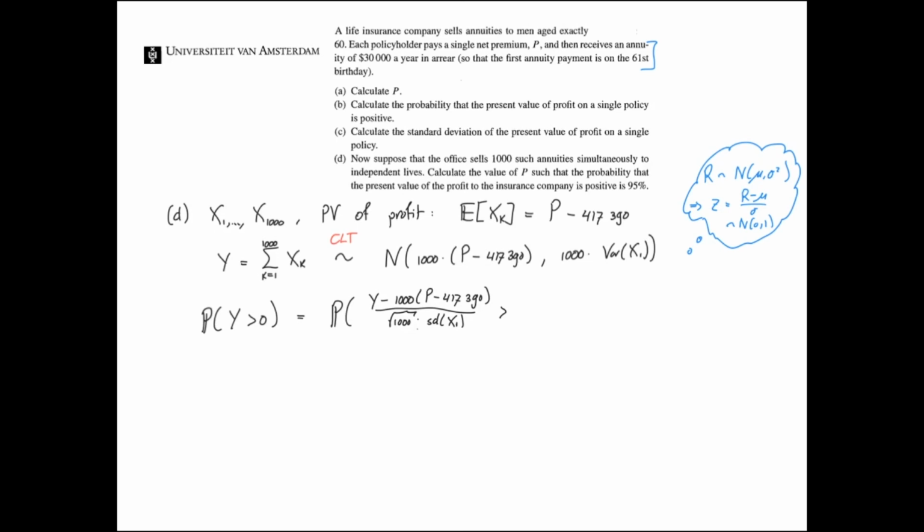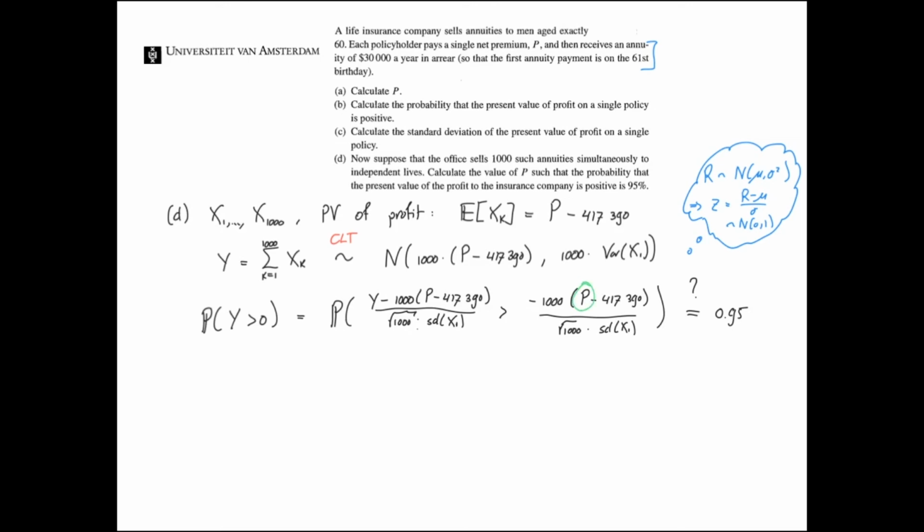And this should be bigger than, okay, so on this side we also have to subtract the mean and also divide by the same standard deviation. And this has to equal 0.95, and then we have to solve for p here.